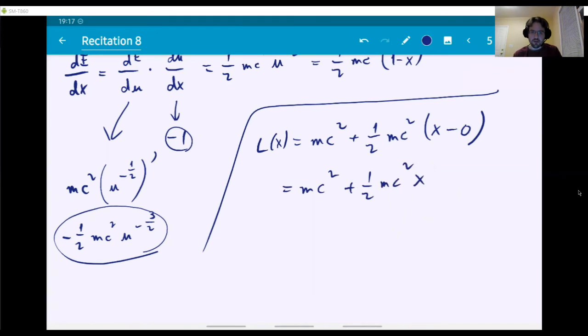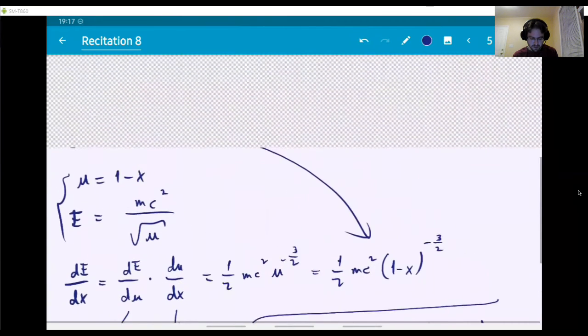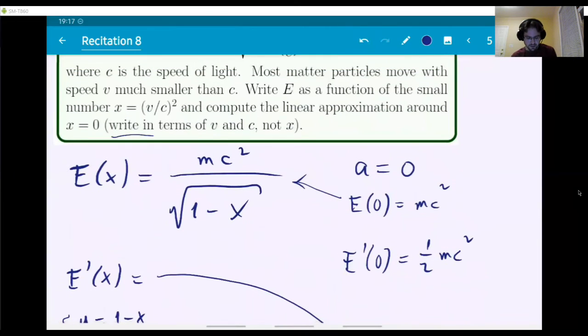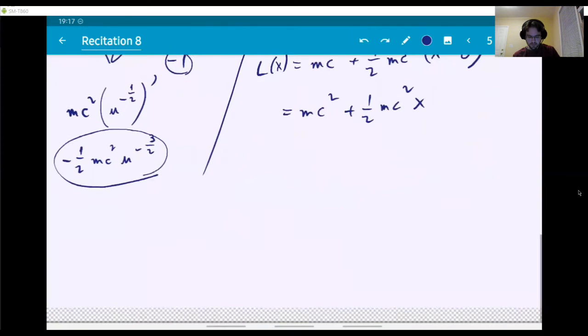This is the linear approximation as a function of x. We're actually almost done with the problem. The very last thing they asked after writing this is write in terms of v and c and not x. So now that we've done it in terms of x, just replace x with v over c squared again. That's what it meant in the problem.